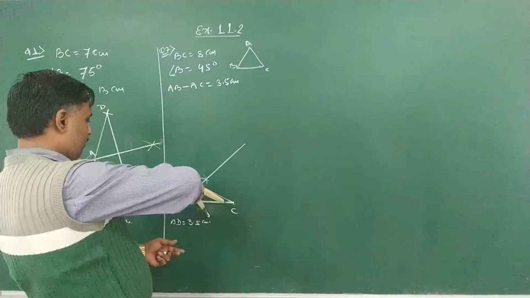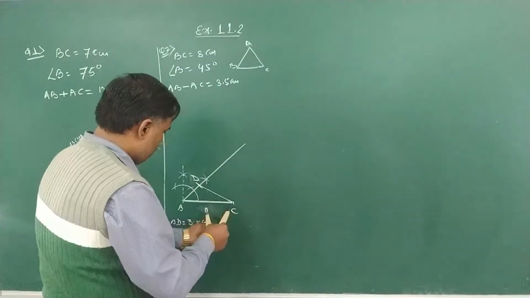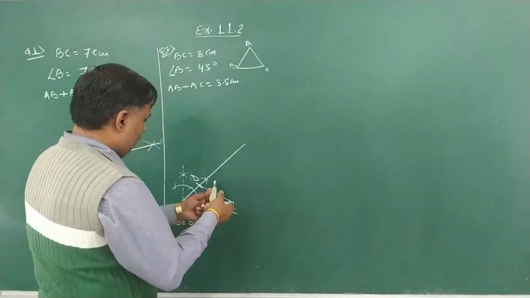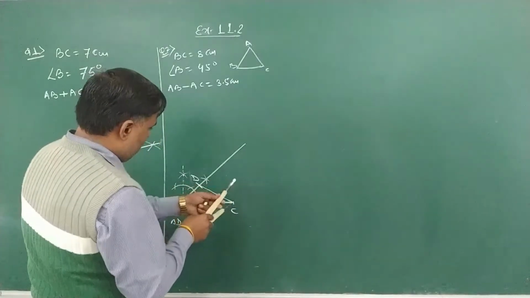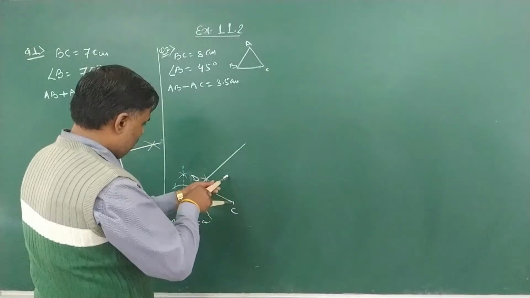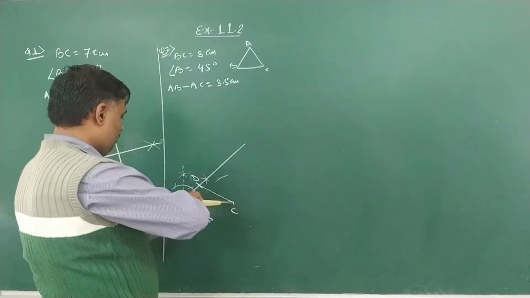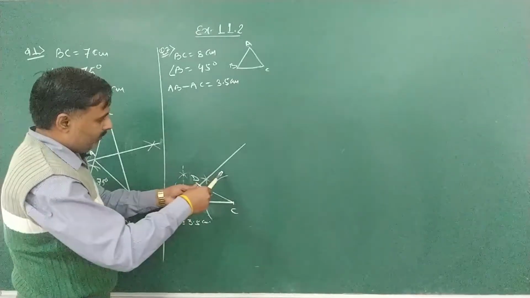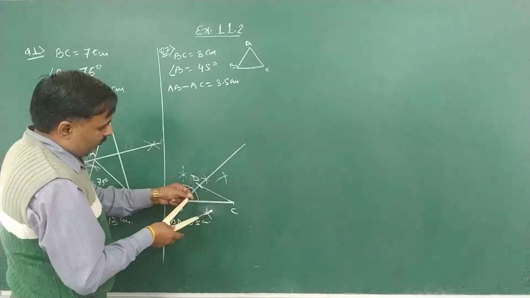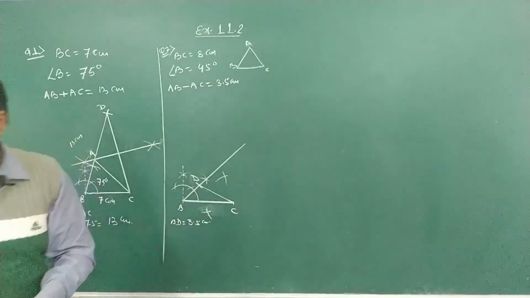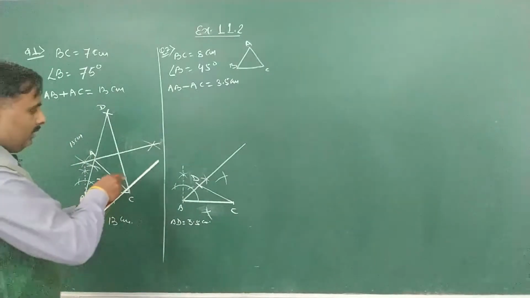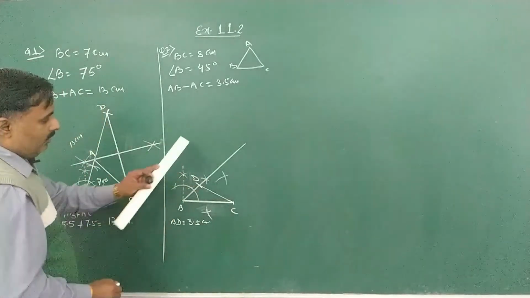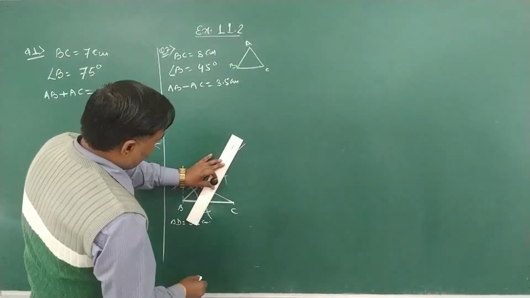Open more than half. Draw the arc on both sides. Without changing the radius, we draw the arc from the other side also, from D. So where these two arcs intersect, when we join them and extend them, they will intersect BD somewhere.